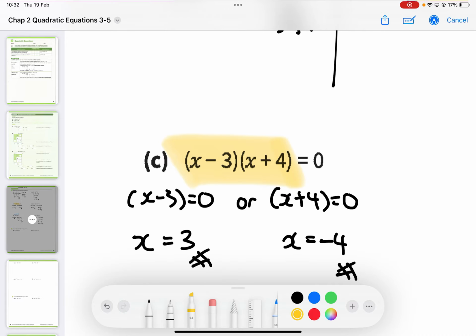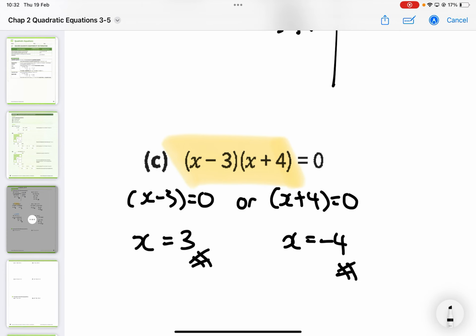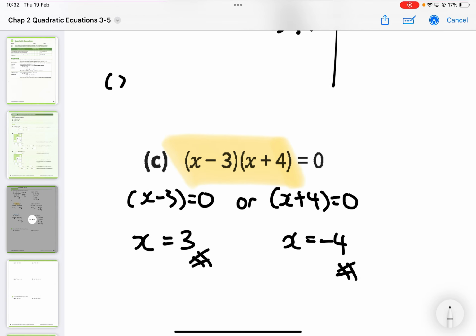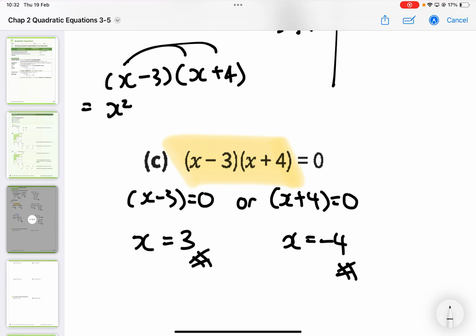If I were to go and expand it out, then I will have x minus 3 multiply x plus 4. If I multiply them out, x times x is x squared. x times plus 4 is plus 4x. Minus 3 times x, minus 3x. Minus 3 times positive 4, minus 12.